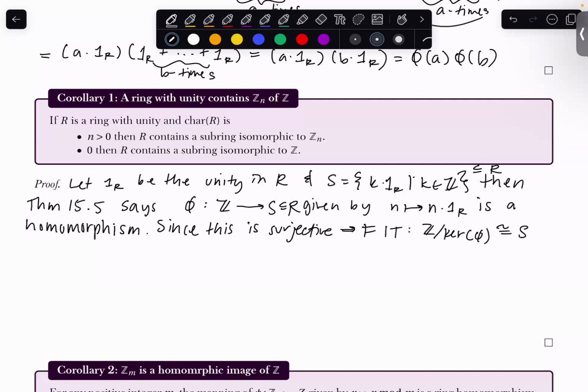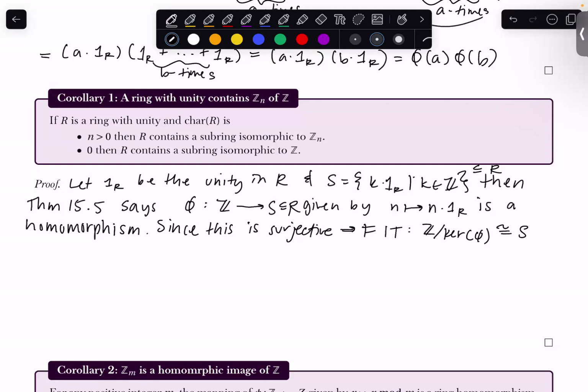Okay, so we're going to break this up into pieces depending on the characteristic. It's going to tell us what these are going to be isomorphic to. Really, we want to show when the characteristic is bigger than 0, then R contains a copy of Zn. So really, this is going to be the copy that's in R. What would we want the kernel to be?